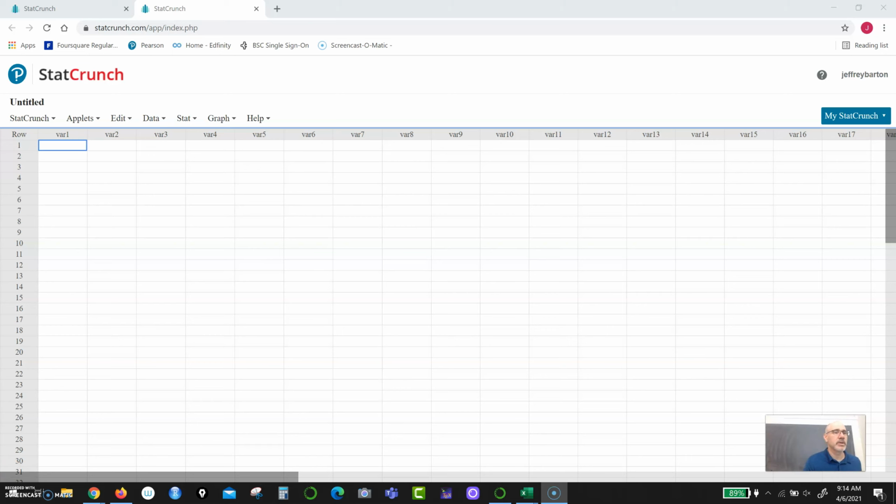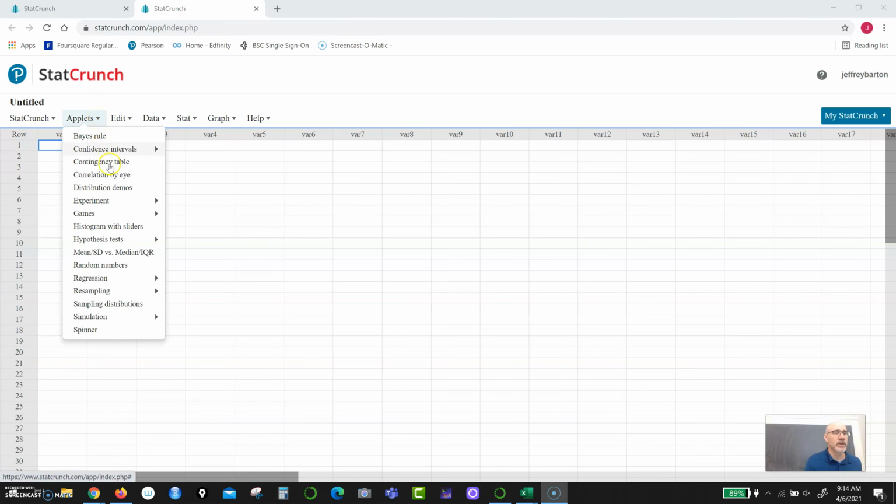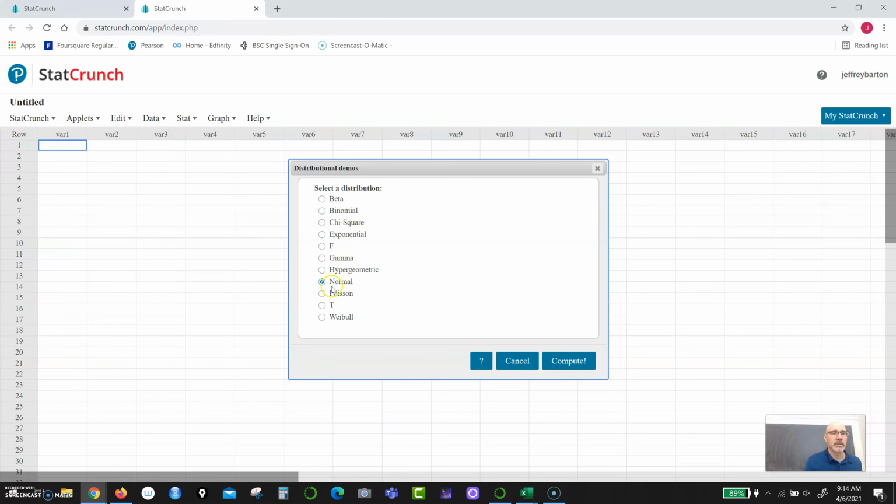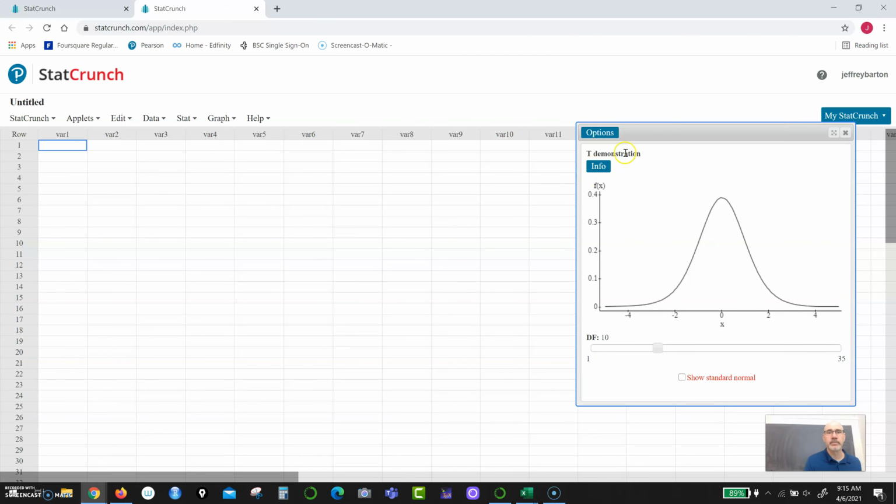I did want to call your attention to an applet on StatCrunch that I think is useful. And this is under Distribution Demos. And I'm going to do t-distribution demo. And this just shows kind of what the t-distribution looks like for a variety of degrees of freedom.